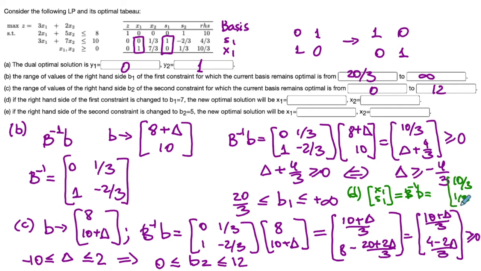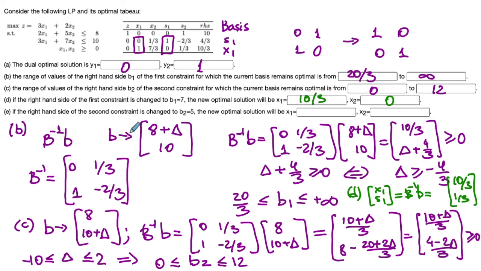That's the value for s1. But we only need to report the values for x1 and x2. So the value for x1 remains 10/3. The value for x2 remains 0 because x2 still remains the non-basic variable. We don't have to report the value for s1.